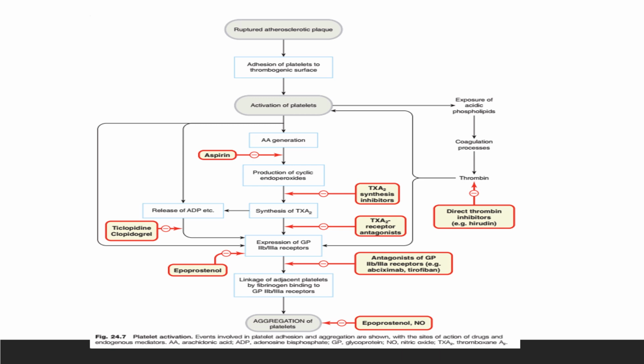Then you have ticlopidine and clopidogrel that prevent ADP from binding to its receptor, and then you have the GP2B3A receptor antagonists that prevent the ligands from binding to the receptor. We also have several other drugs which you can look up in the textbooks.